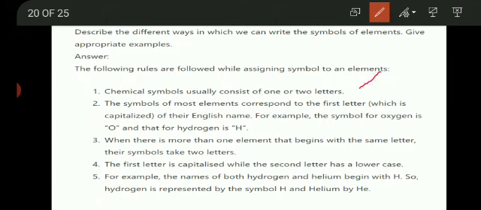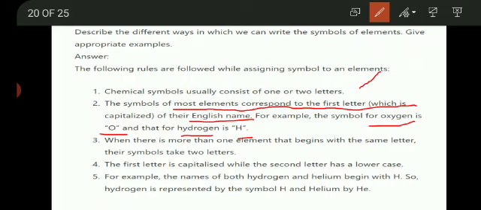The symbols of most elements correspond to the first letter, which is capitalized, of the English name. For example, the symbol of oxygen we write as O, and hydrogen as H. We have to take the first letter in capital letter, right?